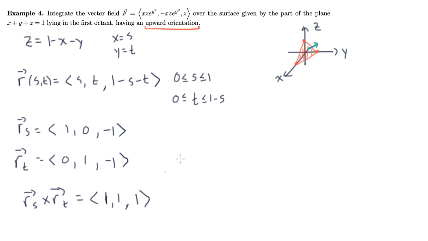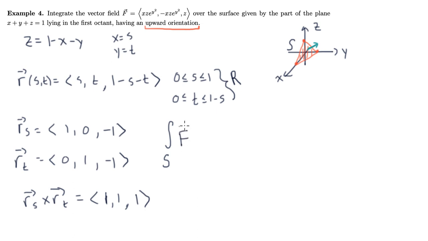Okay, so now we just want to do our surface integral of this vector field. But notice what's going to happen when I do this dot product. So here's my surface S. Here I have my region R in the ST plane.